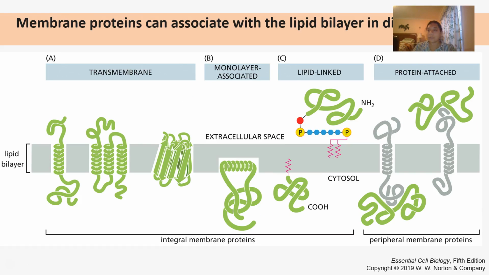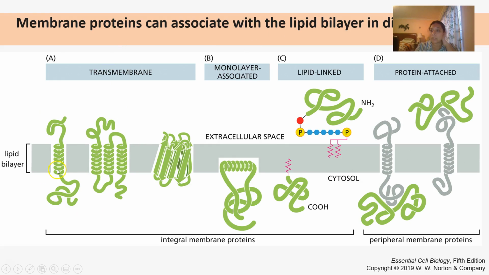Now, how do they do this? Well, they do that by being part of the cell membrane, the biological membrane. However, they don't always span the entire membrane space, and they don't always even interact with both sides of the membrane. Some of them will, of course, be transmembrane proteins.